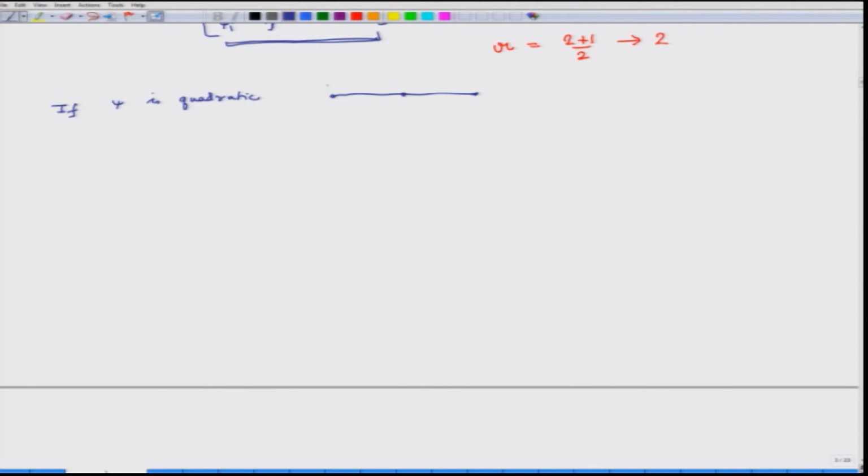It has 3 points, right? In a quadratic element, this is node 1, node 2, node 3, right? Which means for each element, how many approximation functions will we have? We will have 3 approximation functions.